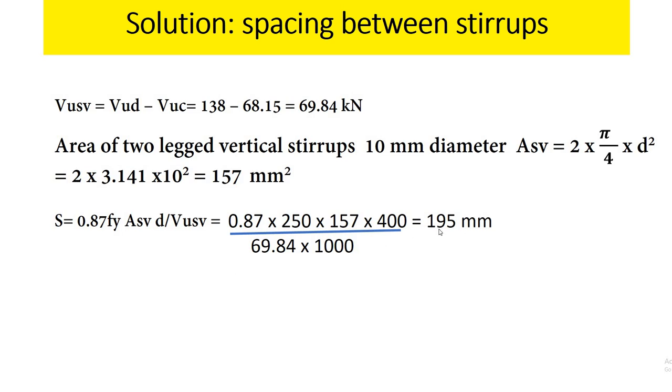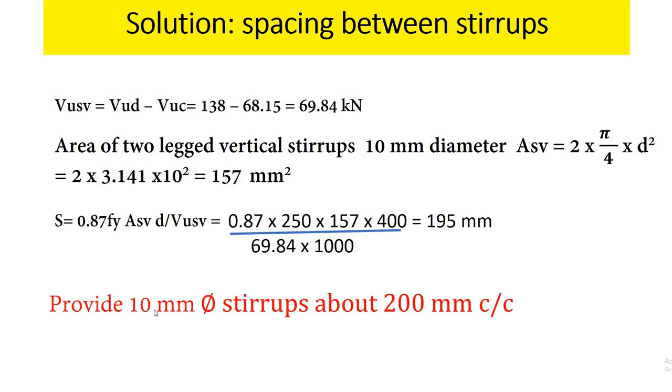So the spacing of stirrups for resisting this particular shear is equal to 195 mm. So we are providing the 10 mm diameter stirrups at about say 200 mm center to center, right? So this is about the shear design of beam, right?